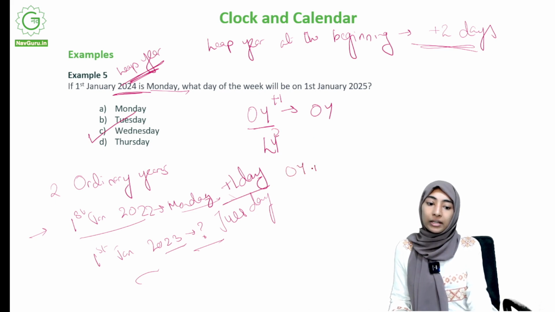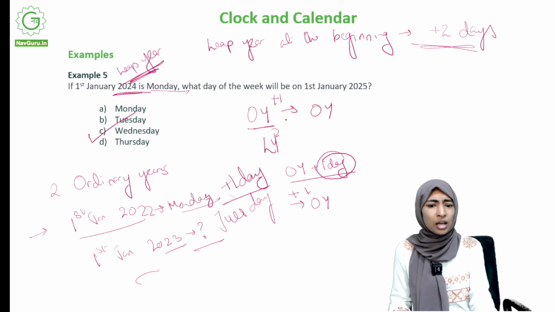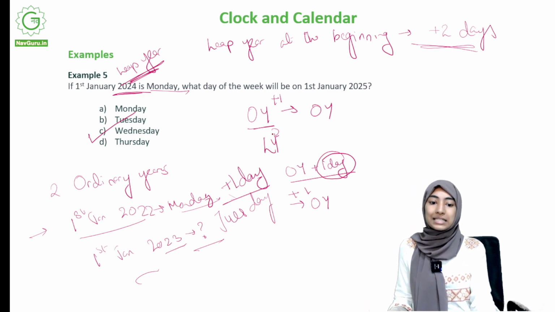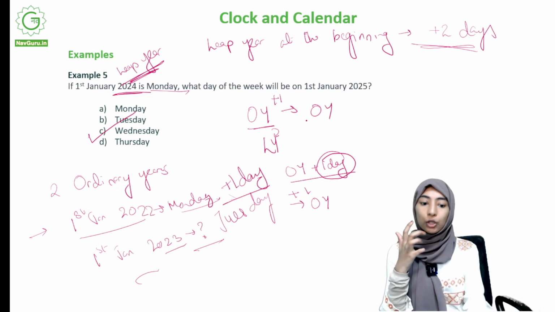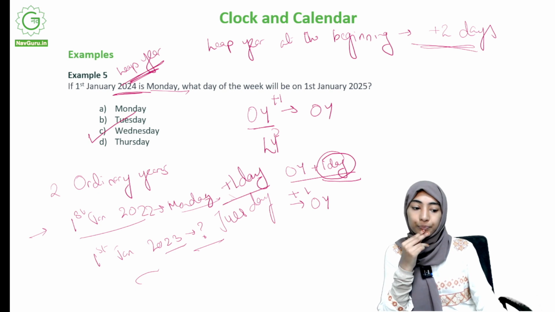It's basically ordinary year plus 1 day, right? So here, since you already have plus 1 day because of a leap year, you make it plus 2 days. That's it. It's as simple as that. Since a leap year is an ordinary year plus 1 day, you just add this plus 1 also, and then it will be plus 2 days. Okay. Moving on.